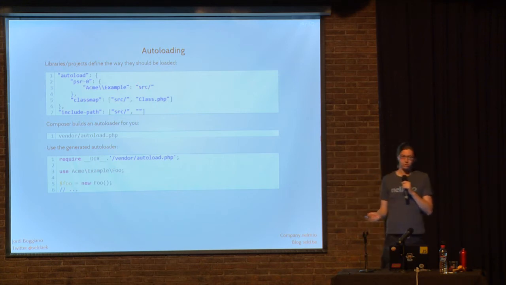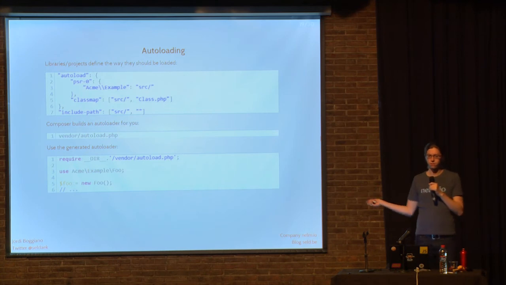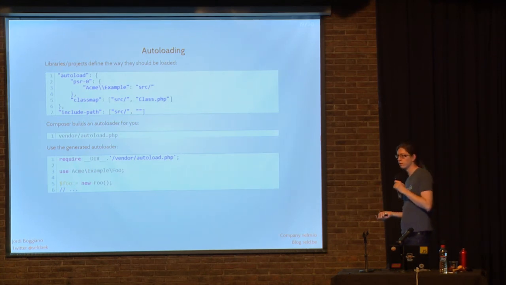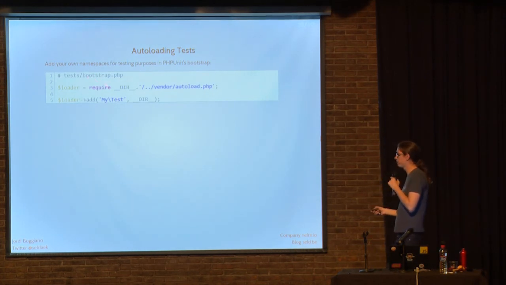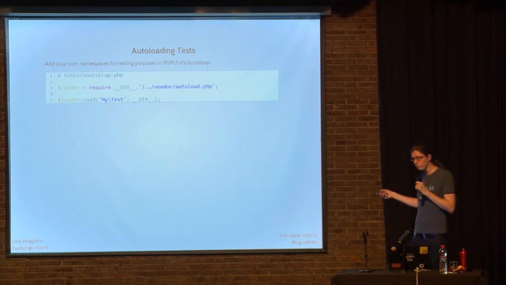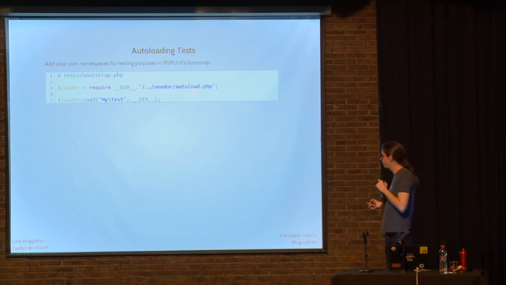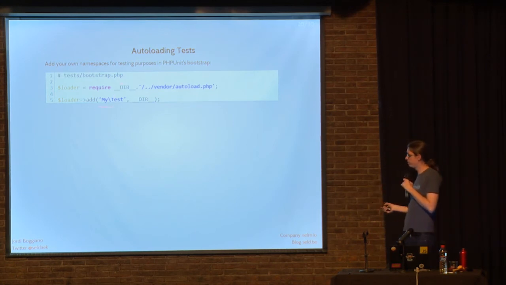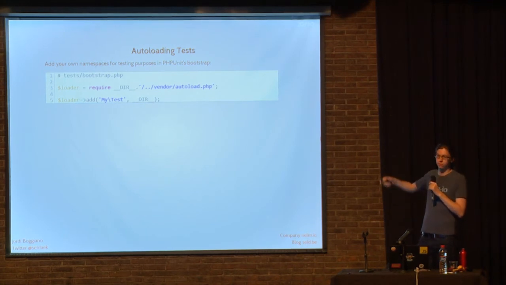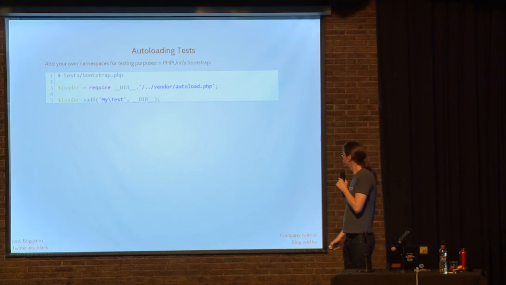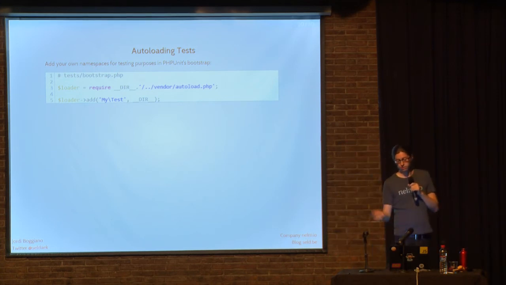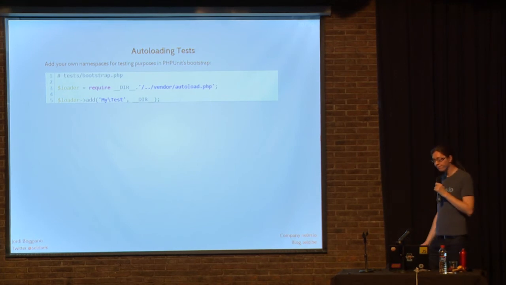This is not so nice because it means you're just polluting the autoloader of everyone using your package. So a better way to do it is to have a bootstrap file which will require the autoloader and just add a new namespace to it or add a new directory to the same namespace. That works just fine. That will find your classes and it won't pollute anything.